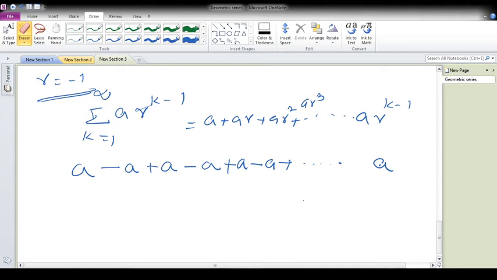What is the partial sum for n equal to 5? We can write the first term a, the second term minus a, the third term a, with r equal to minus 1, then minus a, and then plus a.